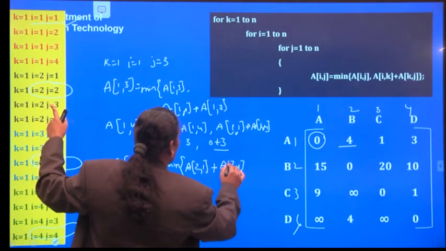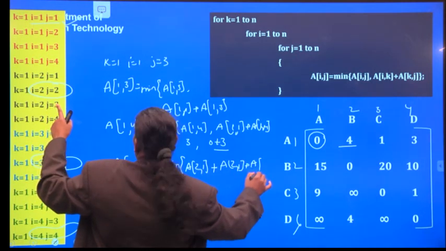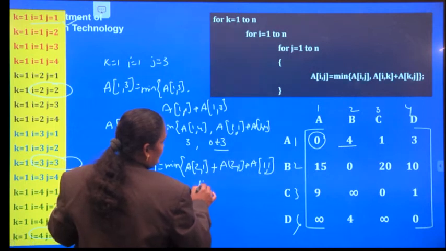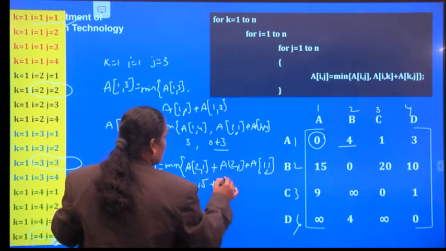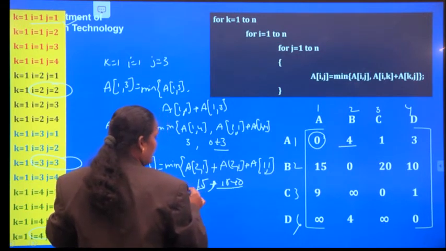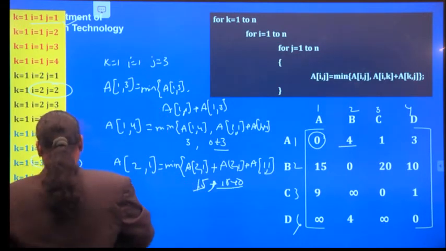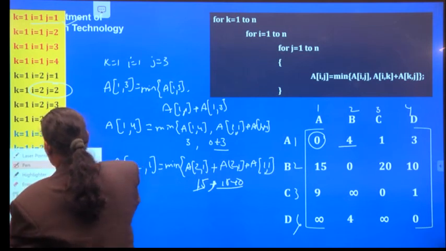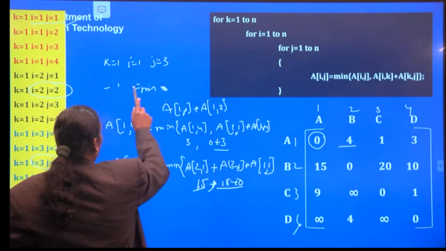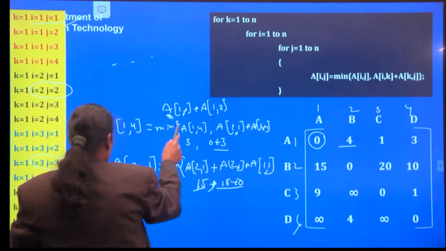That is A21 plus Akj, k is 1, j is 1. So here A21 is 15 plus 0. Here it becomes 15. It cannot be updated. Now in the same way, you can solve all the remaining cases to update the values in the cost.